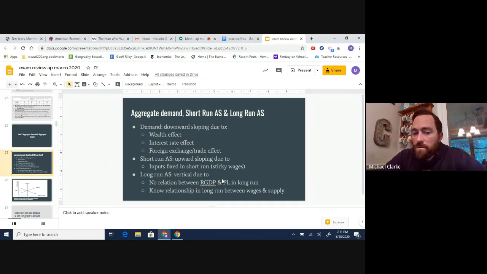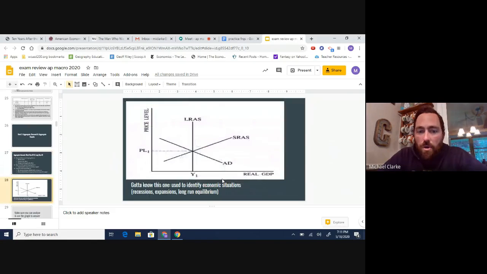Remember, there are two supply curves that we introduce in this unit, and they're shown here. You have the long run aggregate supply curve that's vertical, and you have the short run aggregate supply curve that's upward sloping. The reason why it's upward sloping has to do with the relationship between inputs and the short run.